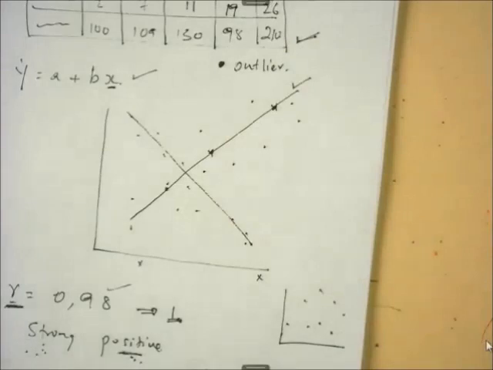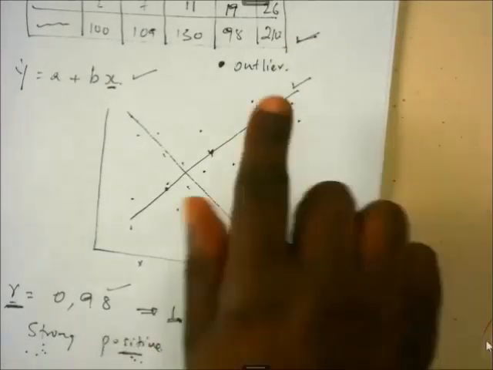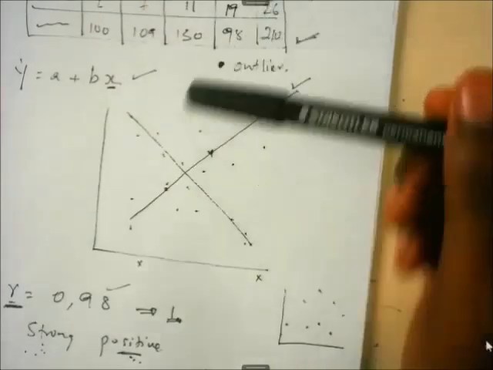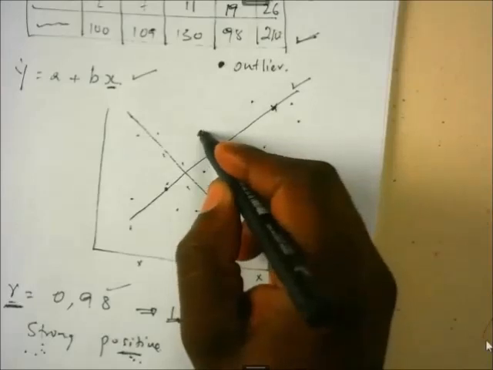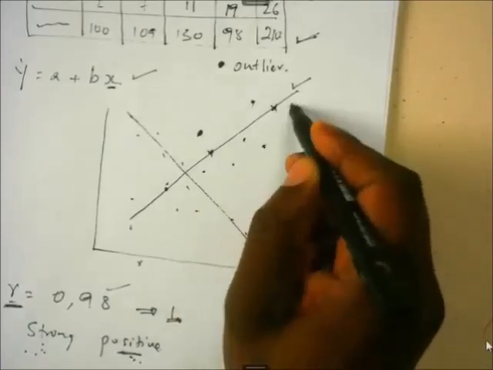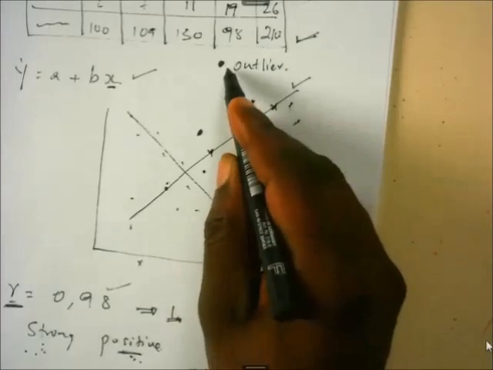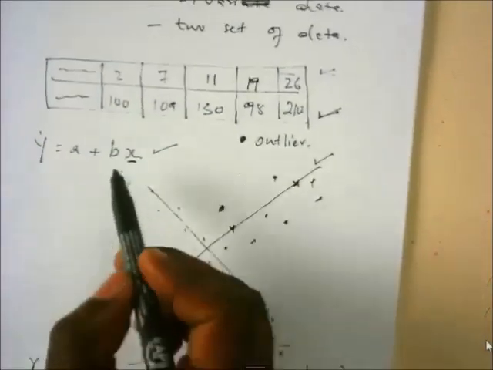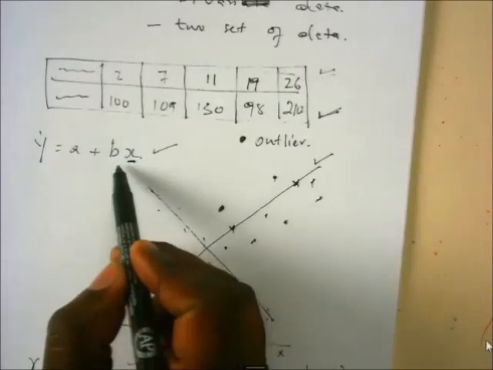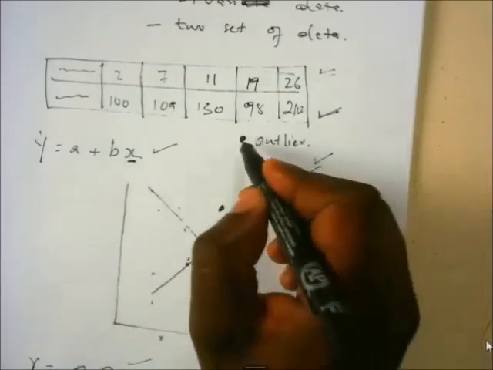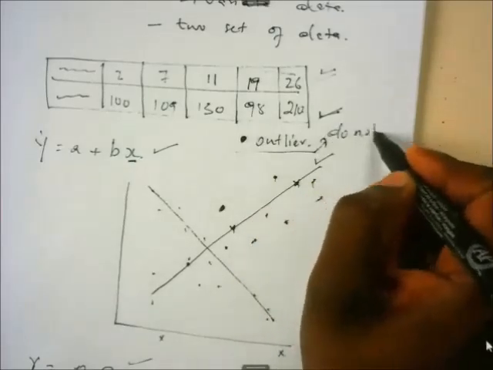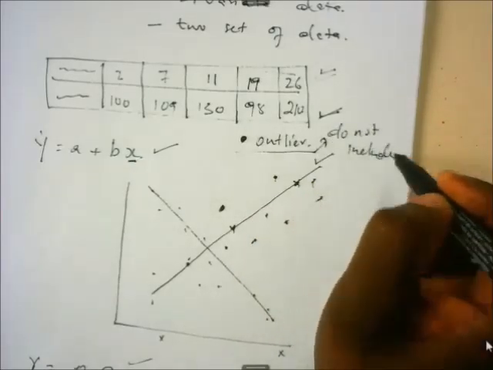When you look for the equation of the least squares regression line, do not include the outlier.